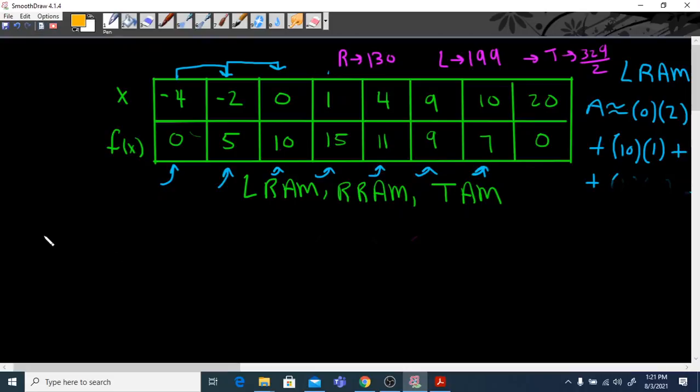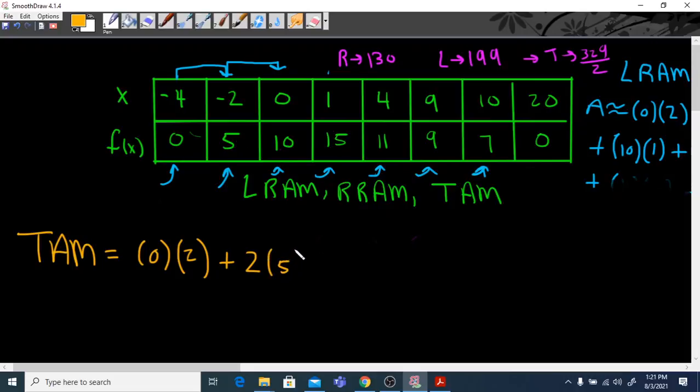All right, so here we go. Trapezoid approximation method. Boom, here we go. So it's going to be 0 multiplied by this width. Plus, and now all the middle terms get a 2. So 2 times y value, this one, and then let me think here. Delta x sub 1 is here. Delta x sub 2 is going to be here.